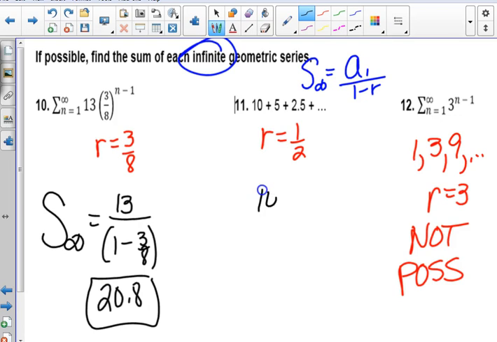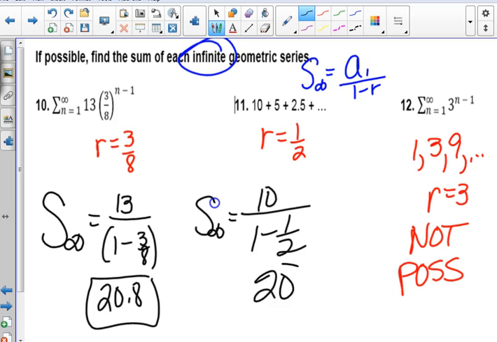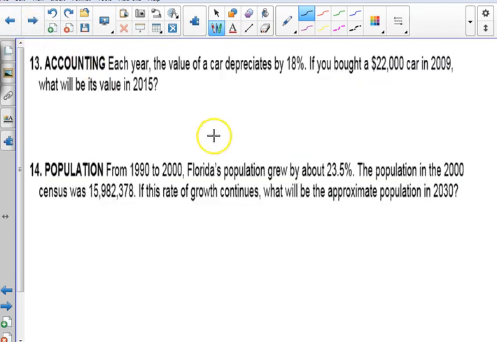Yes, this one is 10 divided by 1 minus 1/2. You should be able to do that one without a calculator. Come on, 1 minus a half is a half. 10 divided by half is 20. We can do that. All right. Yeah, I'm going to put down 5. Yeah, you and a lot of people.